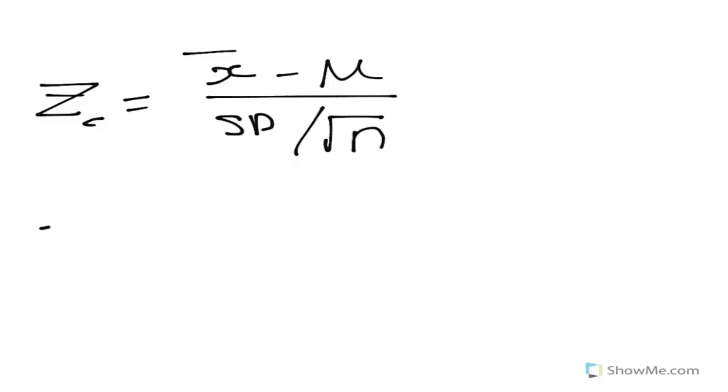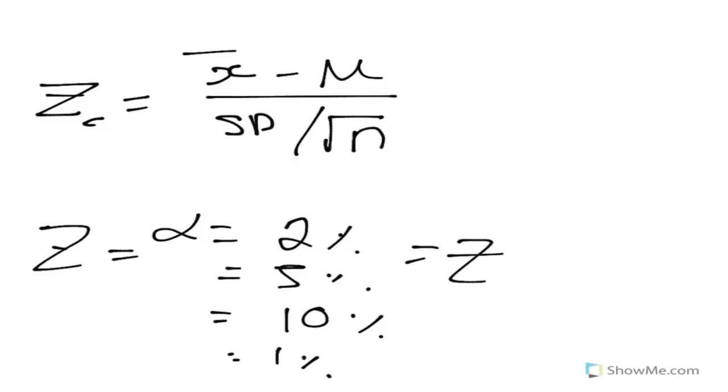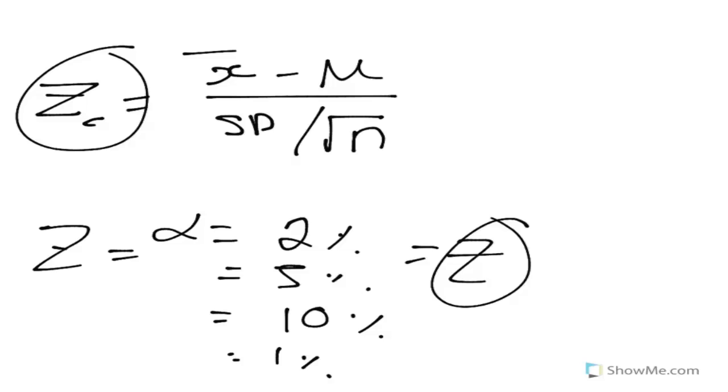You also need to find your critical Z, by knowing what your alpha is, 2%, 5%, sometimes even 10% or 1%, and then you look at your normal distribution table, otherwise known as your Z table, and you find your Z value. Once you have your Zc and your Z, you are able to proceed with the question.